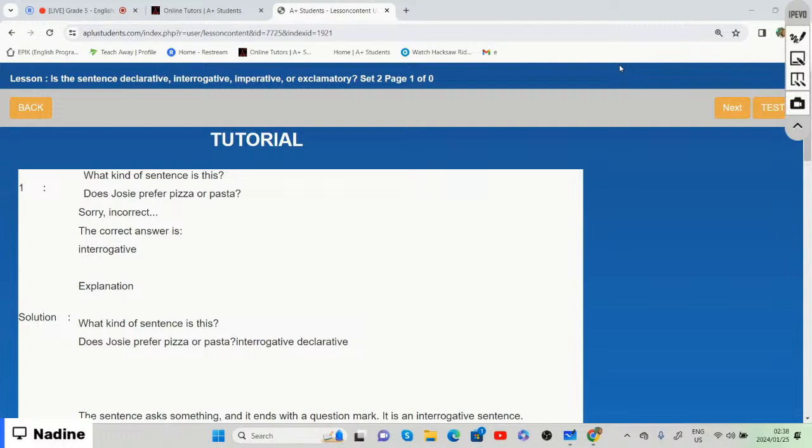But if the command is quite strong and strict, then it needs to end with an exclamation mark, and then we have an exclamatory sentence, which is basically like a statement. So we said it is a declarative sentence.